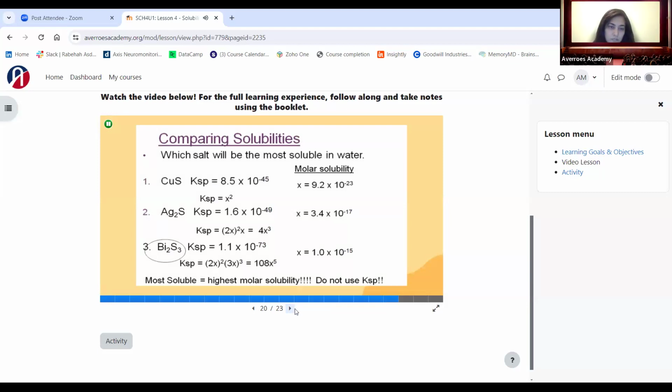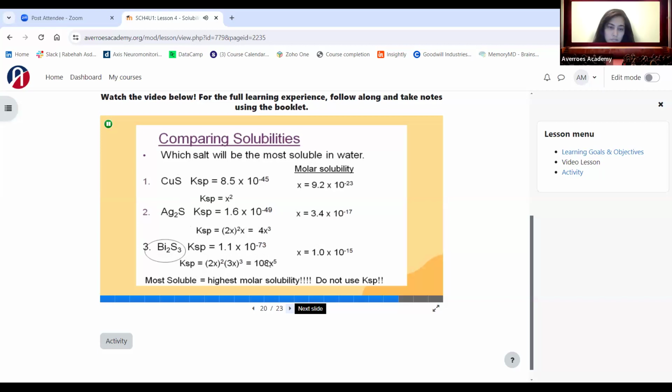And what we've done in this example, and don't worry too much about this, is create an expression for KSP for each salt using X. So our KSP of CuS, number 1, will just be X squared, whereas Ag2S, silver sulfide, is going to be 2X, because the Ag2 becomes squared, the coefficient becomes a subscript, times X. Whereas our number 3, Bi2S3, is going to be 2X squared times 3X cubed, so we get 108X to the power of 5.